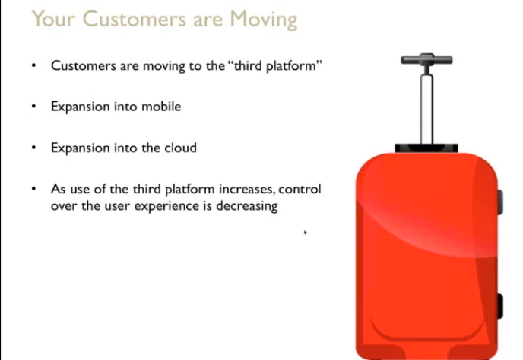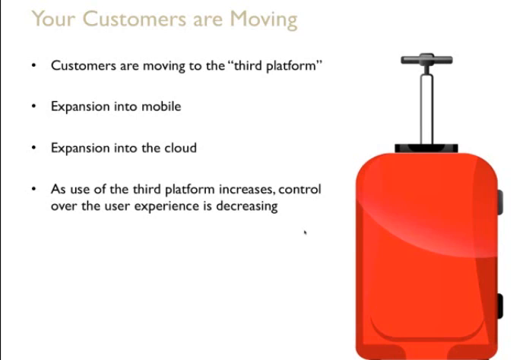So basically, as we all know, this is a very obvious point, but your customers are moving toward mobile applications. They're moving toward the web and so forth, what many call the third platform, away from the first platform of mainframes, the second platform of more traditional client-server, and really to an environment in which your data, your applications, your brand essentially are being distributed via mobile applications, via the web, via the cloud, and so forth.